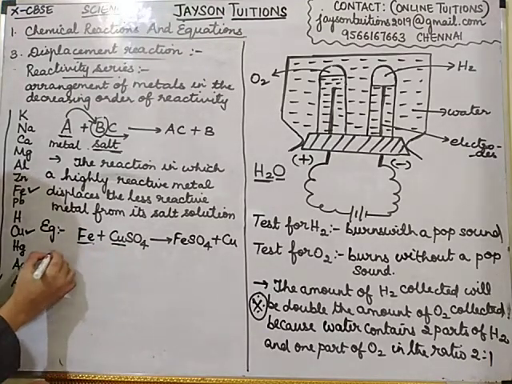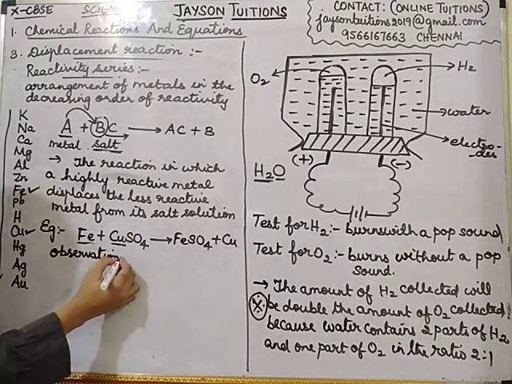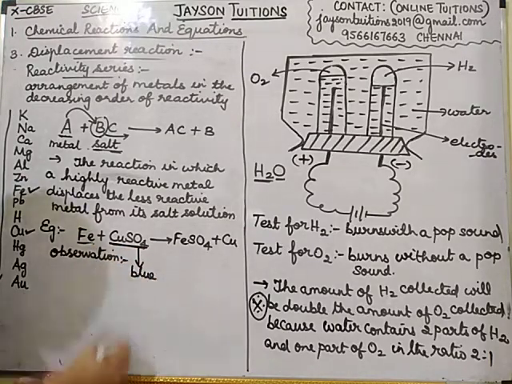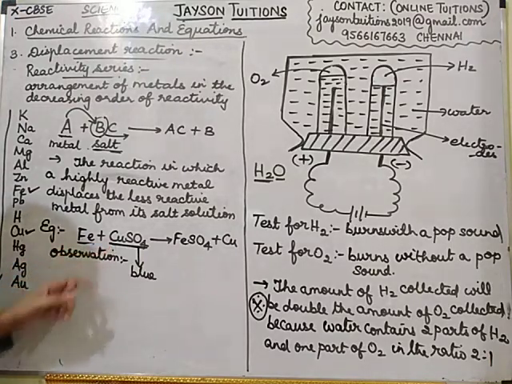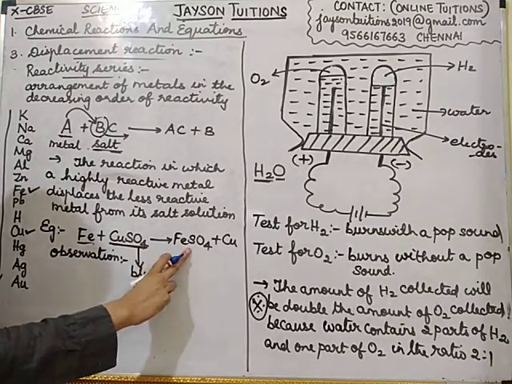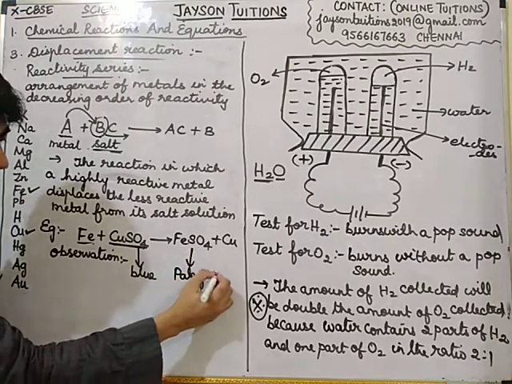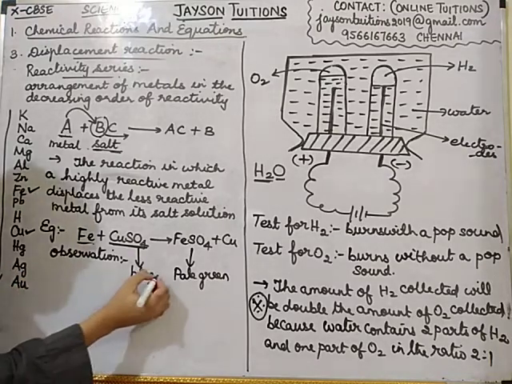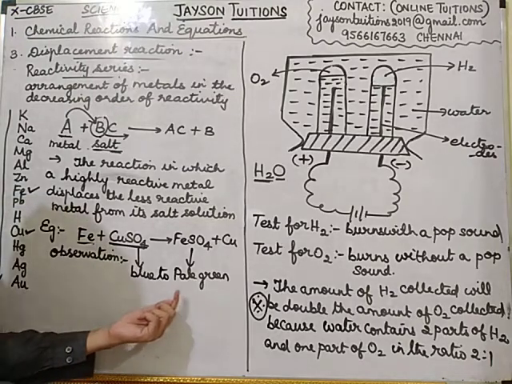Here, what will be your observation? The copper sulfate solution is blue in color. When it reacts with iron, the iron comes to copper's place and I get iron sulfate. Ferrous sulfate is pale green in color. So the color will change from blue to pale green.